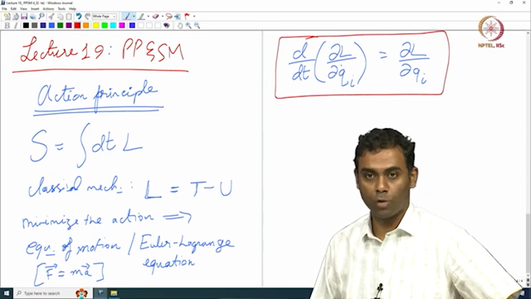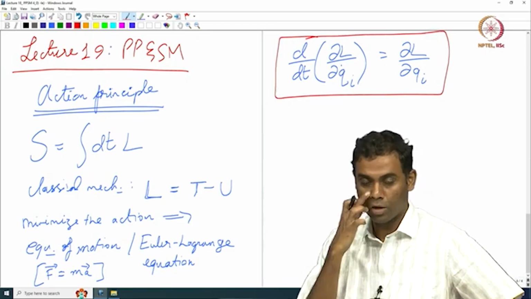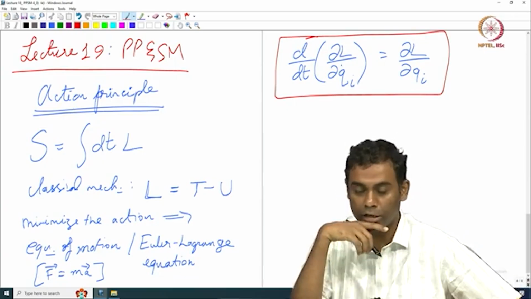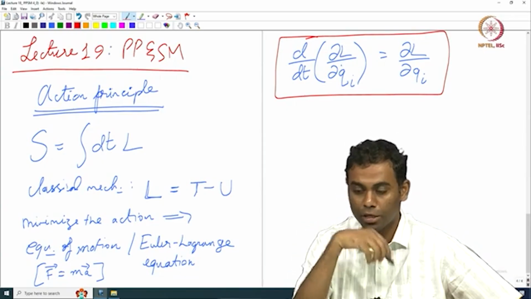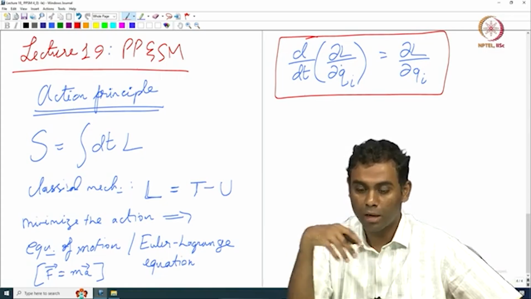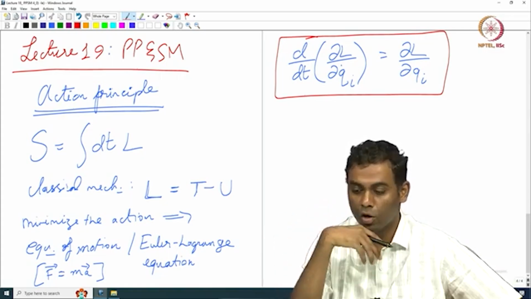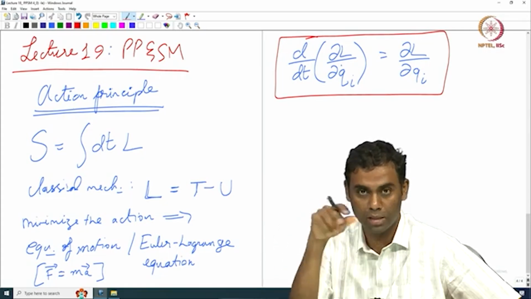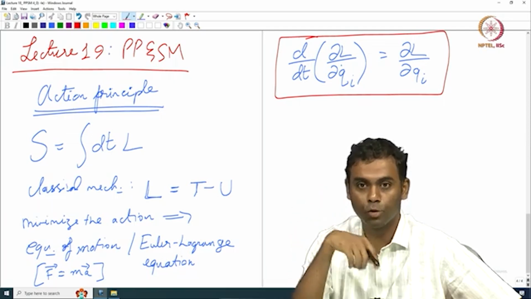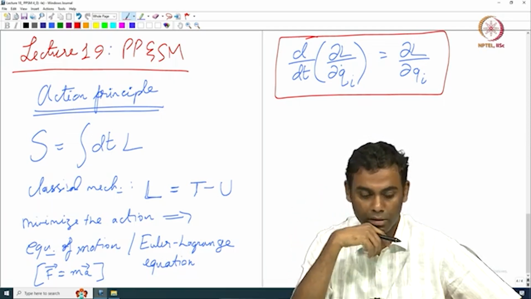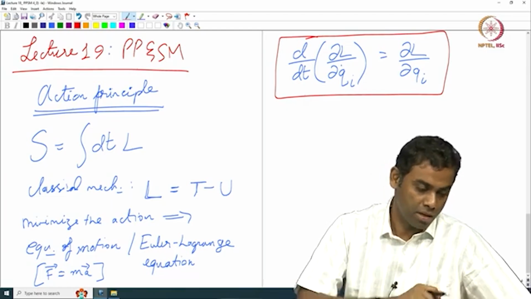Qi are the coordinates in the problem, right? When you want to write down kinetic energy and the potential energy, Qi are the basic coordinates that you use. Qi dot are in a sense the velocity or the momenta, the conjugate momenta that you put into the problem, correct? Okay.